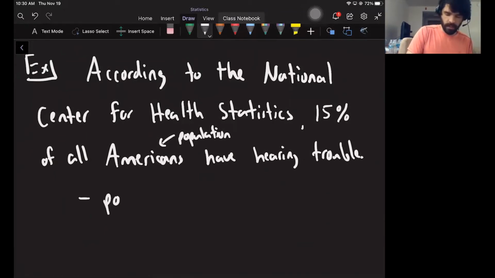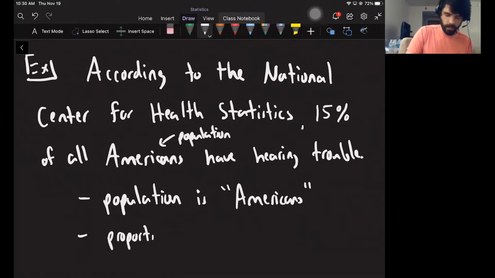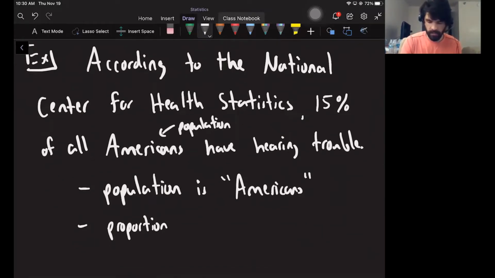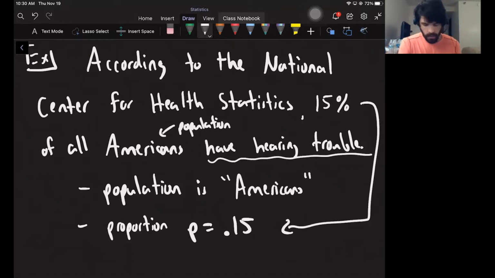So what we can say about the information we've gotten so far is that the population is Americans, and the proportion that have some property, which in this case is having hearing trouble, is called little p, and it's 15%, but we're going to write it as a decimal so that it's an actual proportion, not a percentage.